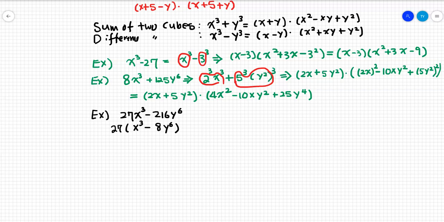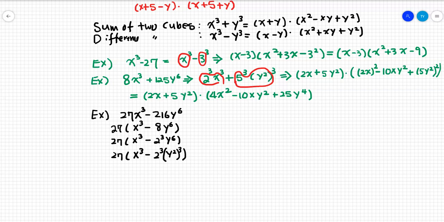Now, let me rewrite this one more time. I have 27 times x cubed minus 2 cubed y to the 6. Similar to what we just did, we're going to rewrite the y to the 6 as y squared cubed, so we have 2 cubed y squared cubed.